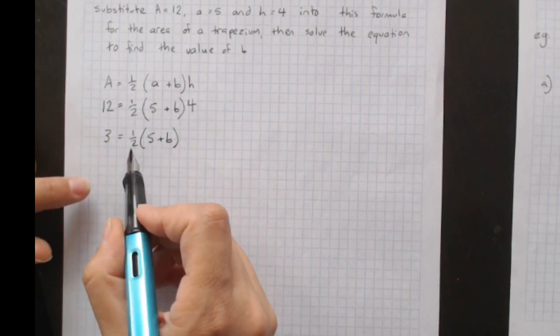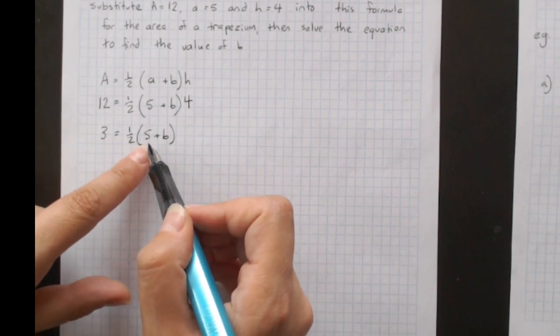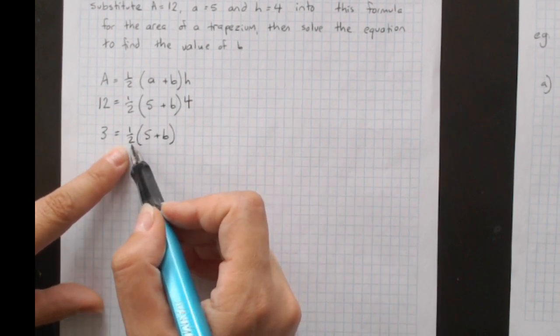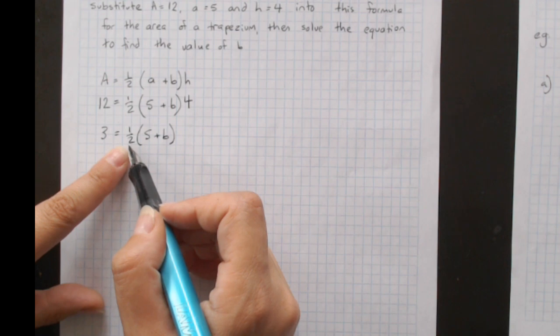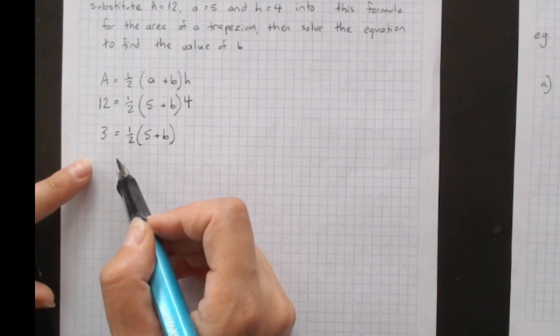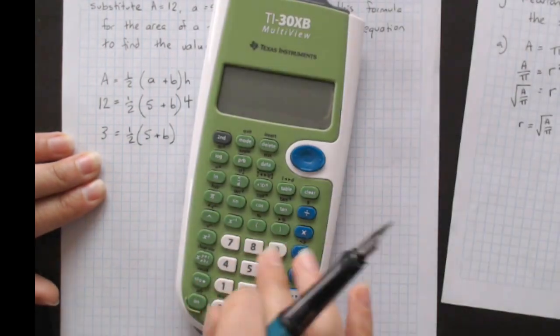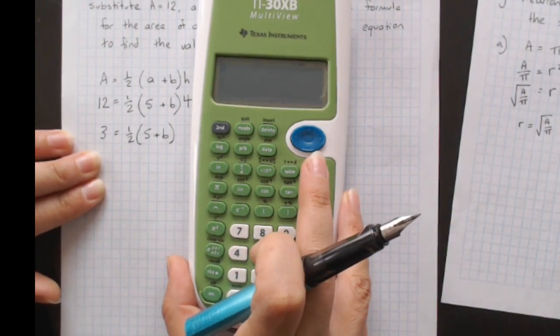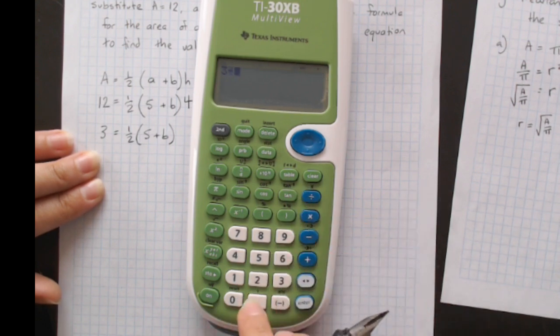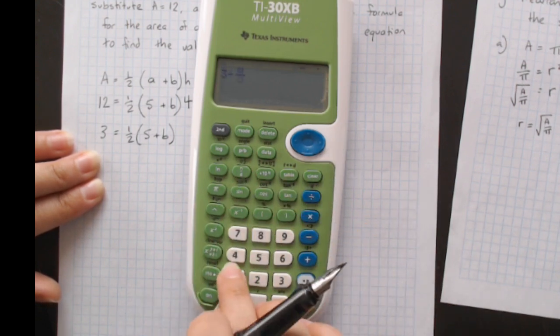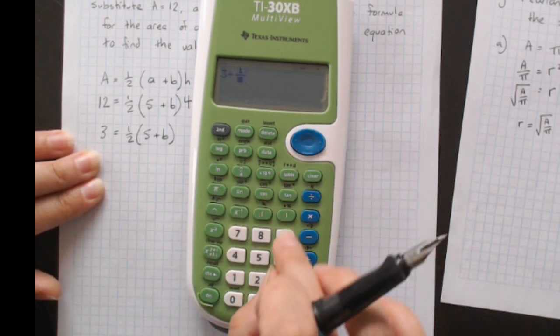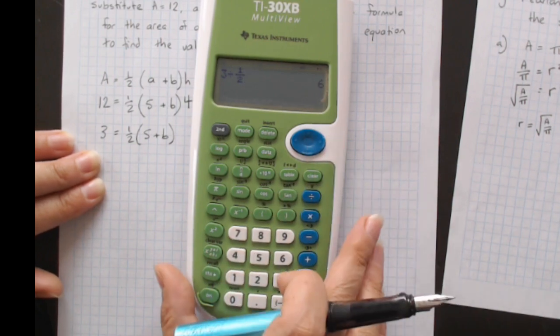Now be very careful. This is times a half. The opposite is dividing by a half, and this is why it's pretty tricky, because we might need to check: 3 divided by a half is 6.